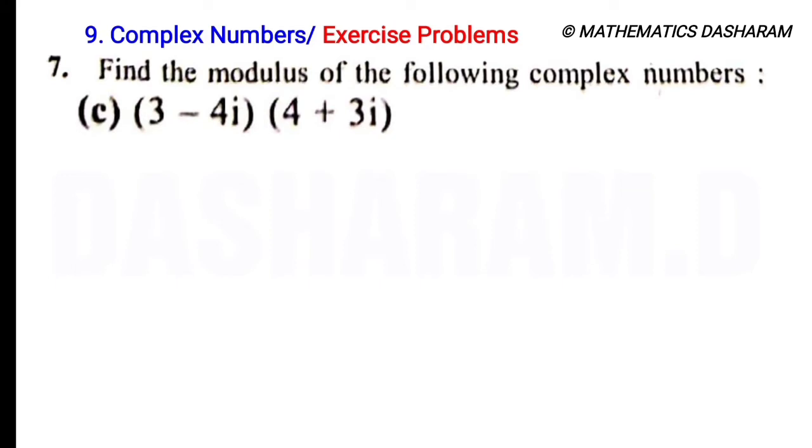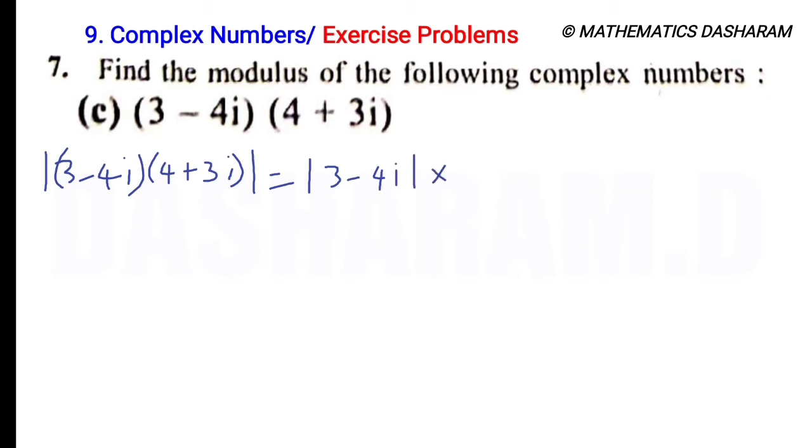Question number C, 3 minus 4i into 4 plus 3i. It is a product of two complex numbers, so we can apply the mod for 3 minus 4i into mod 4 plus 3i. We can apply the mod symbol individually.